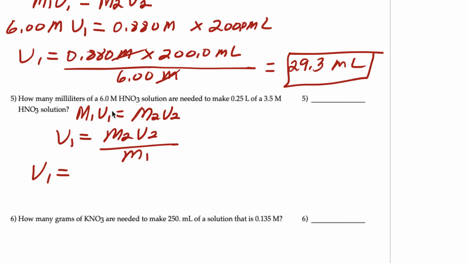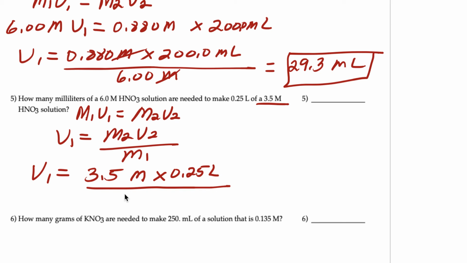So V1 is equal to 3.5 molar, and we will multiply that by 0.25 liters, and then divide by 6 molar.